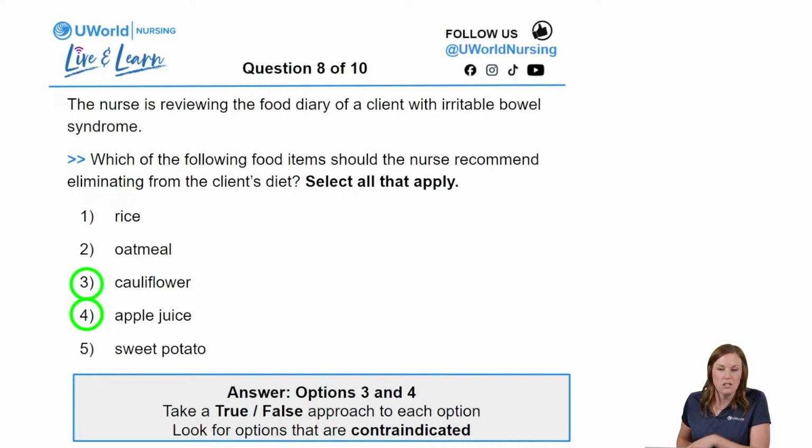They should consume foods that are low in fermentable oligo-, di-, and monosaccharides and polyols. I'm not sure I said all of that right, but just know FODMAP. Options 1, 2, and 5 are all safe for our clients with IBS. Those are low FODMAP foods. Options 3 and 4 are high FODMAP foods. So good job, you guys.